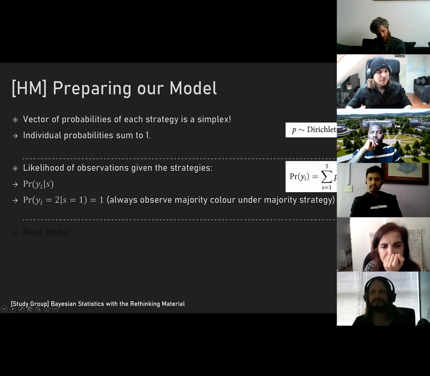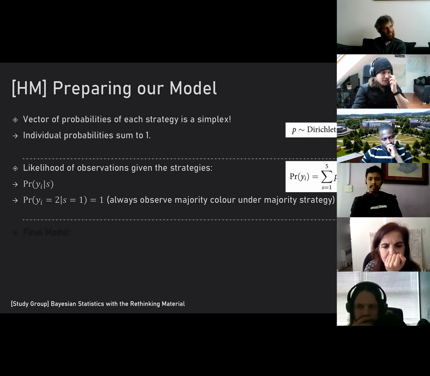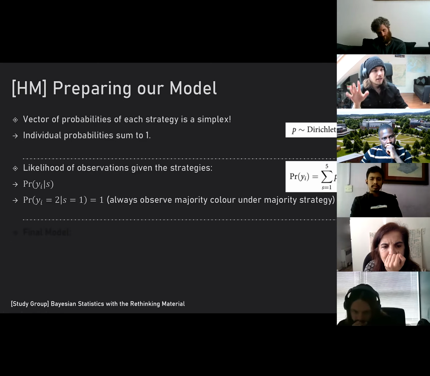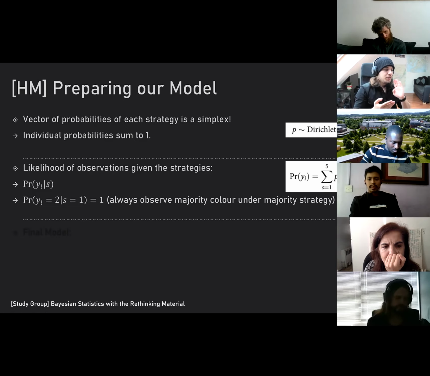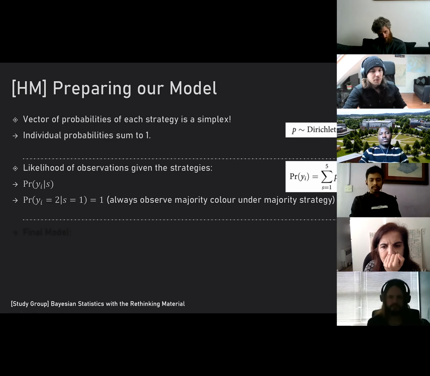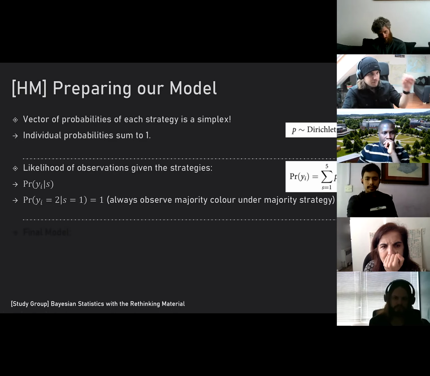But moving on, when we look at the likelihood of the observations given the strategies, we assign a probability of a certain outcome given a strategy, and we actually do this manually on the next slide. In this case, we can say that you always, aka probability is 1, observe the majority color, aka yi equals 2, under the majority strategy, which is strategy equals 1.